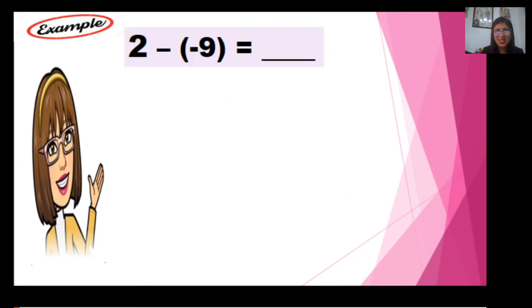Let us continue. 2 minus 9. So keep, change, and change. You keep the first integer, that is 2. Minus sign, you change that to plus. Change the second integer, negative 9. What's the opposite of negative 9?